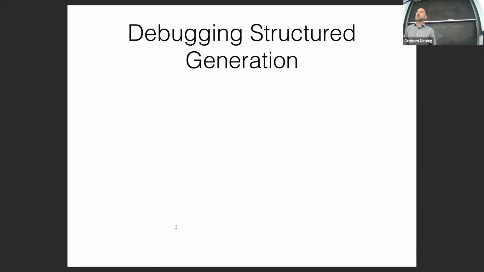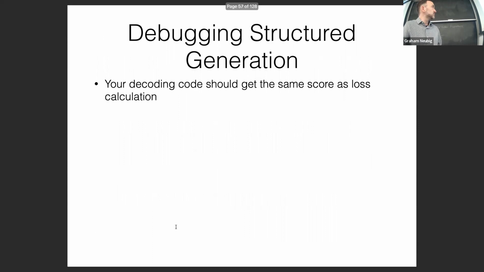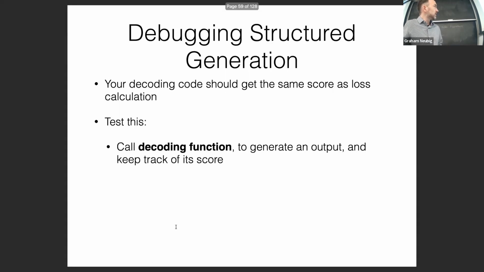Another problem is structured generation, like generation from a machine translation or sequence model. Your generation code should basically get the same score as the loss calculation, and that is one thing you should pay attention to. One way you can test this is to call whatever function you're using to generate outputs.